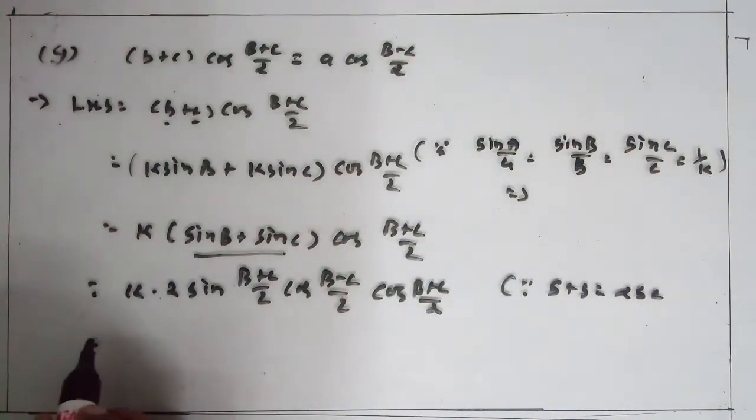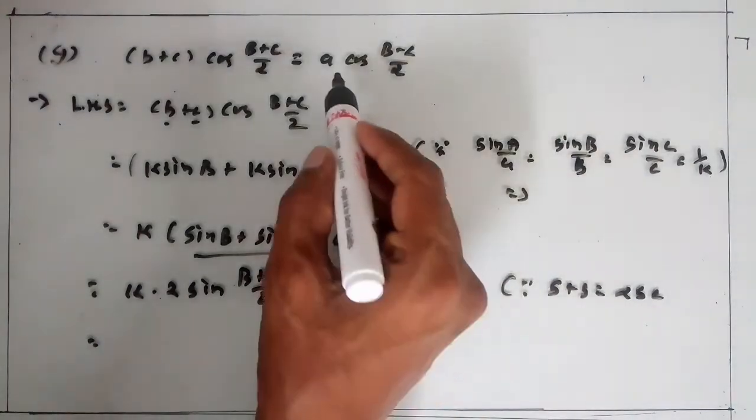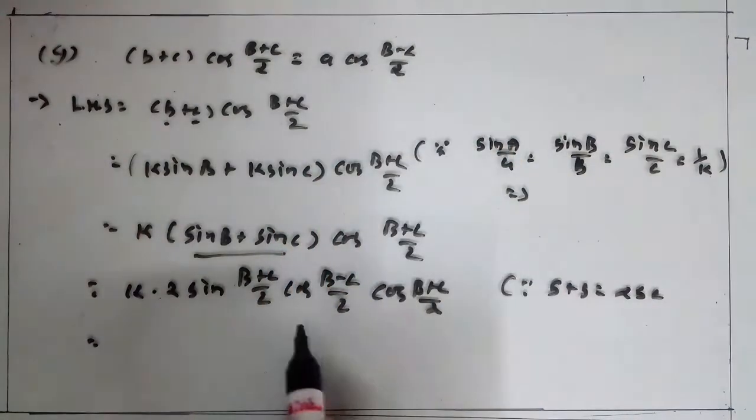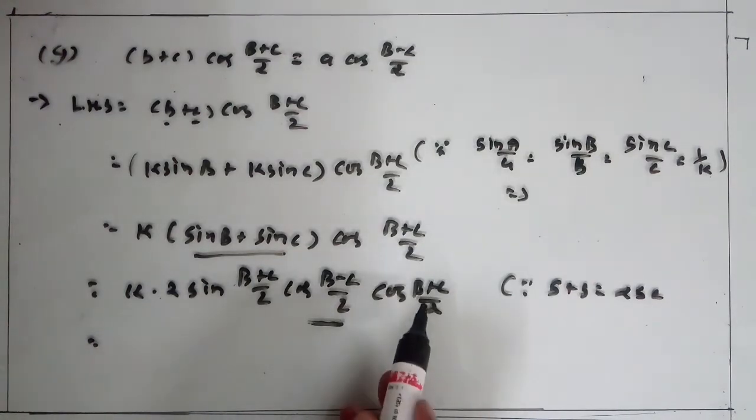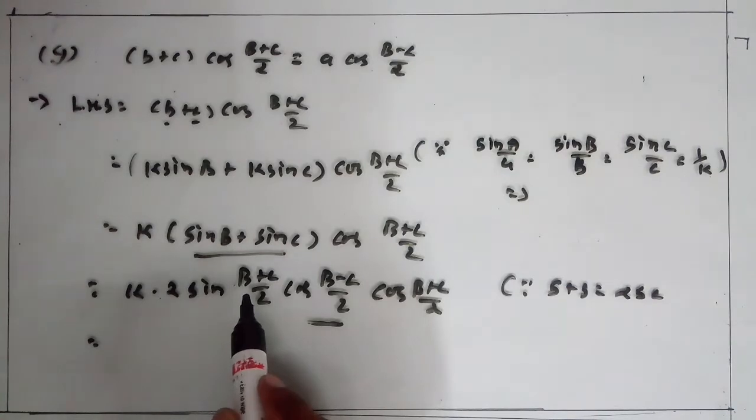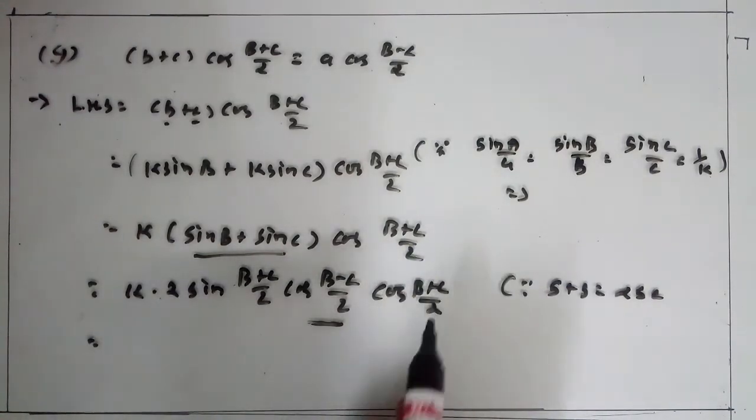Clear this? Now here we want to get a into cos((B − C)/2). So cos((B − C)/2) is the required term, so write it separately.